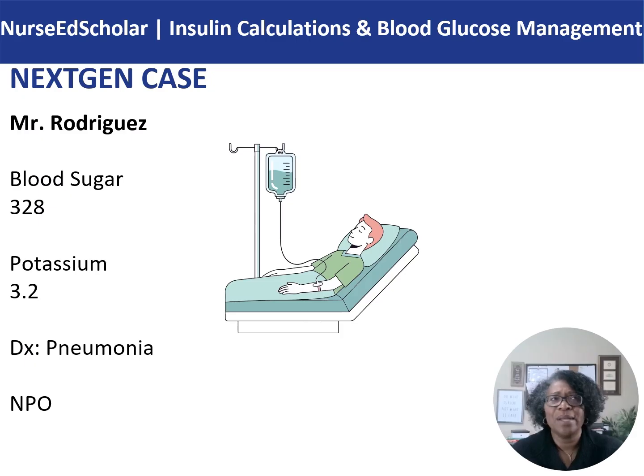He has a history of type 2 diabetes, hypertension, chronic kidney disease stage 3, and hyperlipidemia, right? And I'm calling because his current blood potassium is 3.2 and he's NPO, so he can't have anything to eat anyway, right? And so the provider says, continue with the current insulin, okay? And you're like, should I do it? Remember, 328 blood sugar, potassium 3.2, pneumonia diagnosis, NPO status.